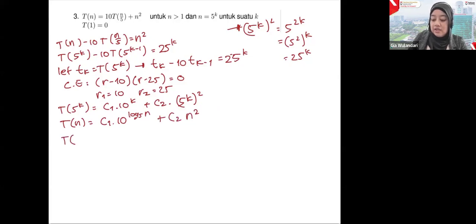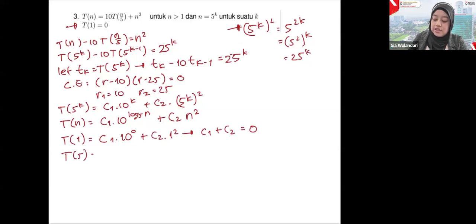So we put the base case again. Here we will have C1 log 1 is always 0, so it is 10 to 0 plus C2 1 square. So it is C1 plus C2 must be equal to 0.